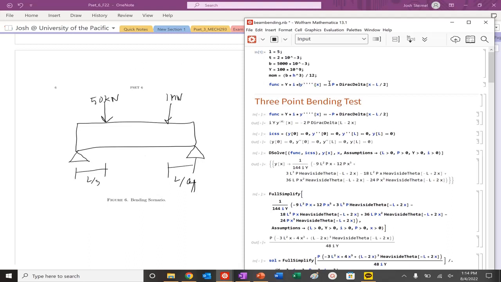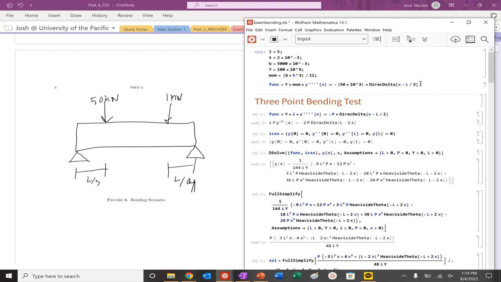We have a load applied at x minus L divided by 3, and this P is going to be 50 times 10 to the 3.